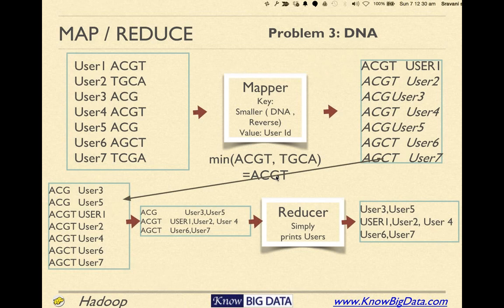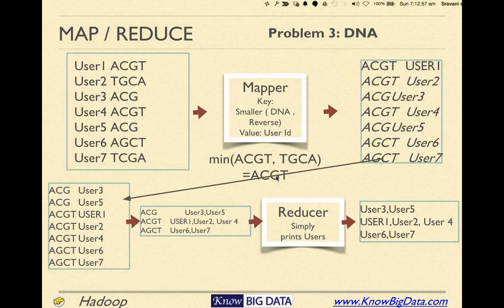So ACGT and TGCA both are opposite of each other. Okay, so user 1 and user 4 belong to the same family because they have identical DNA, and user 1 and user 2 belong to the same family because they have exactly opposite or exactly reverse DNA.